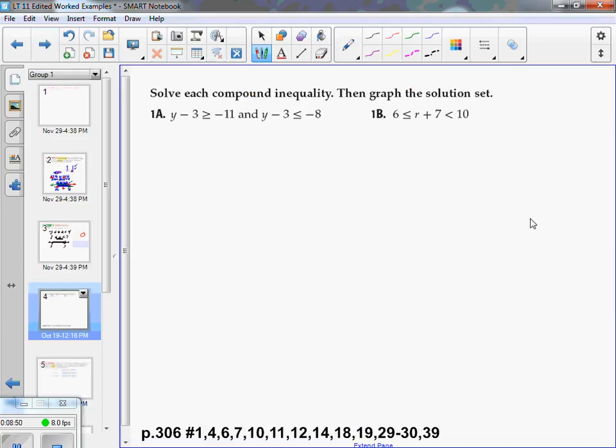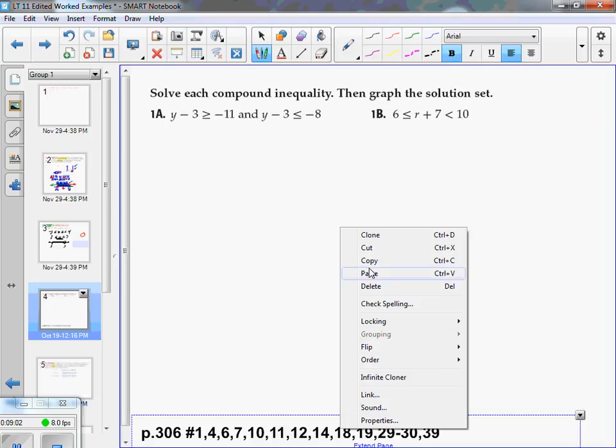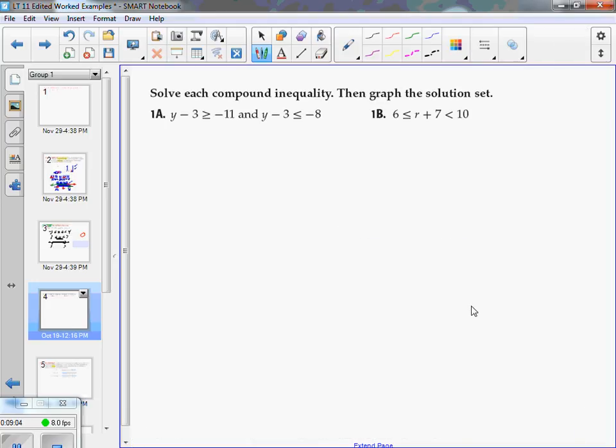All right, next example. This time, they write it as 2 separate things. I would like to, if possible with an and, turn this into one inequality, one compound inequality. So if I take this one, when I write it as one compound inequality, both of my signs are going to be less than.